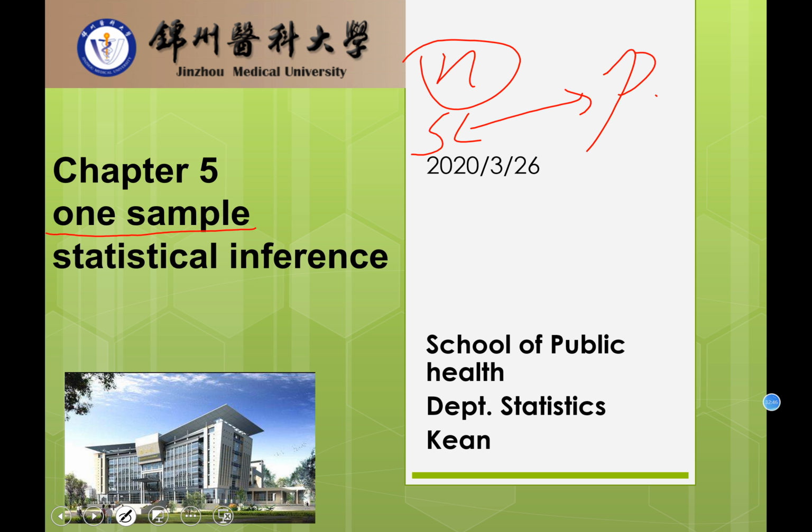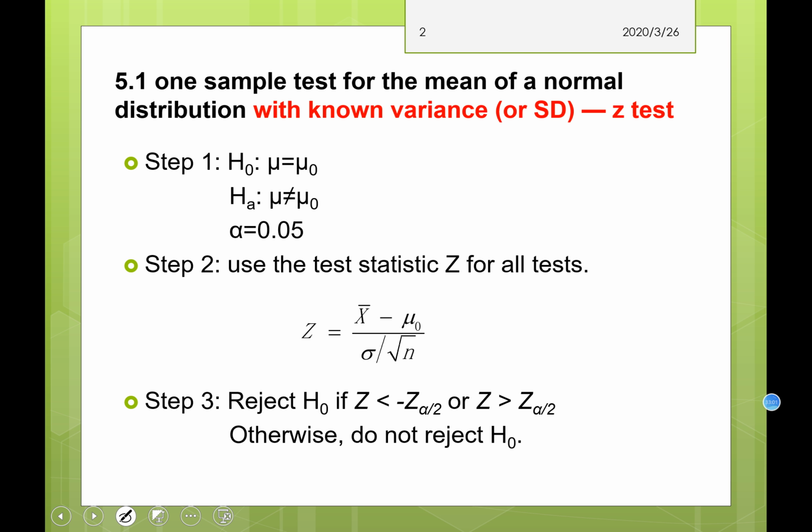If we have these two kinds of information, that must be one sample statistical inference. Okay, so that's what we will learn in today's class.